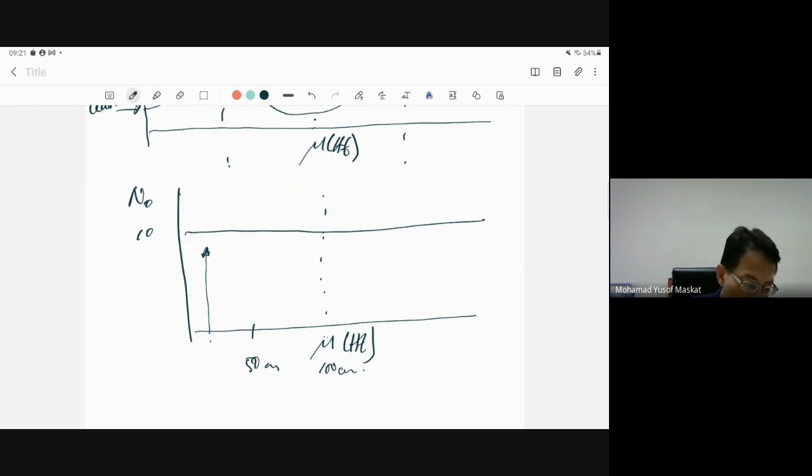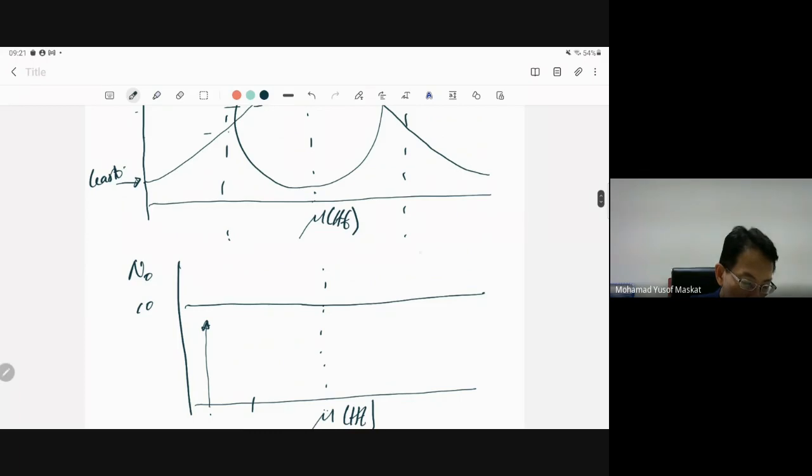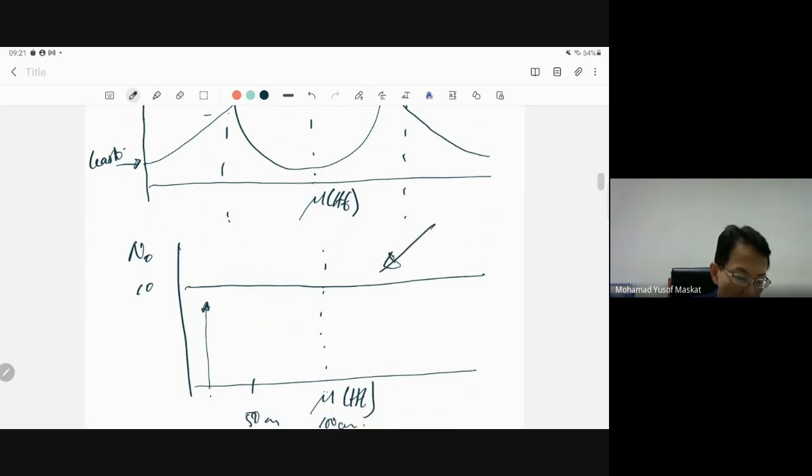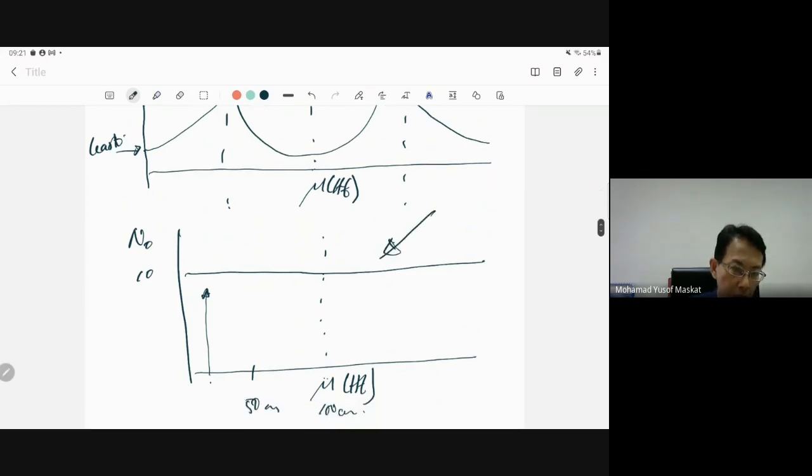So in this case, it doesn't matter how many samples you take, you will still not get a good estimation of the population mean, because the probability of taking an individual with this height over here is the same as over here.